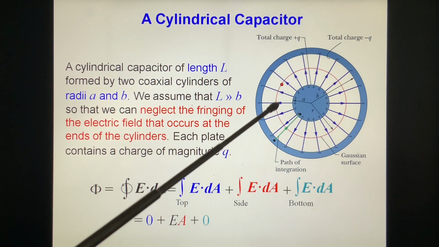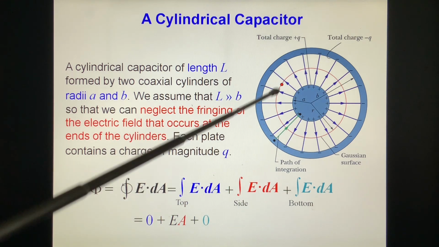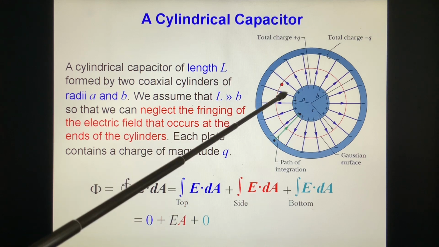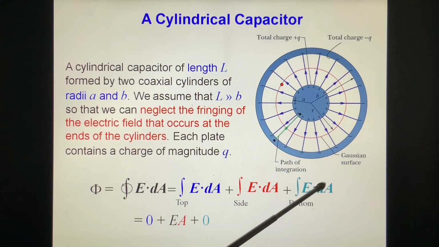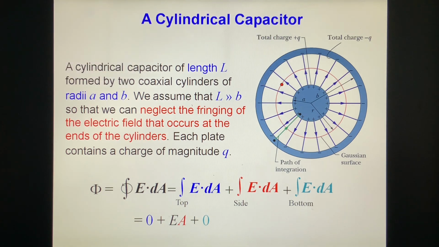By symmetry, E is constant, so we take it out of the integration, and the integration of dA becomes A. So on the side of the cylinder, the integral of E dot dA equals EA. For the same reason, at the bottom surface E is perpendicular to dA, so it is 0. So the flux for the Gaussian surface is EA.